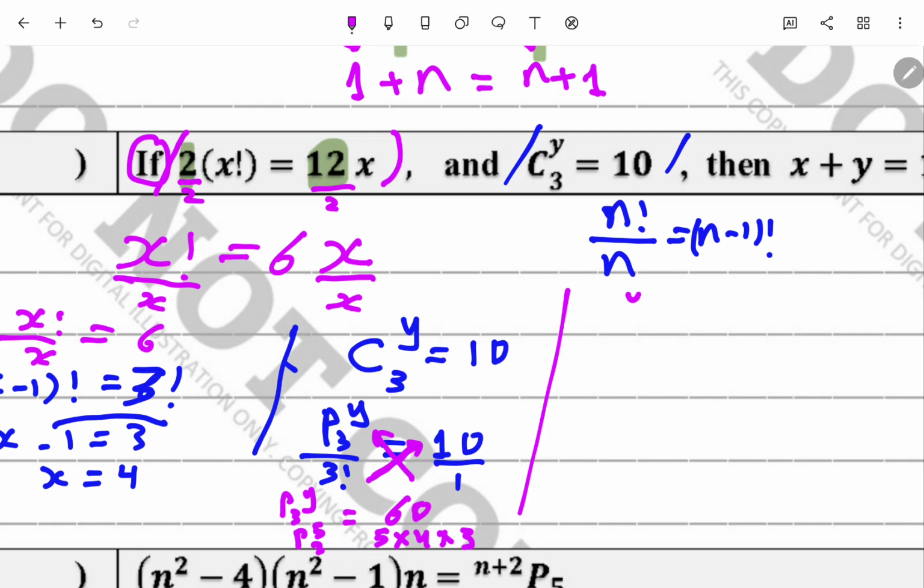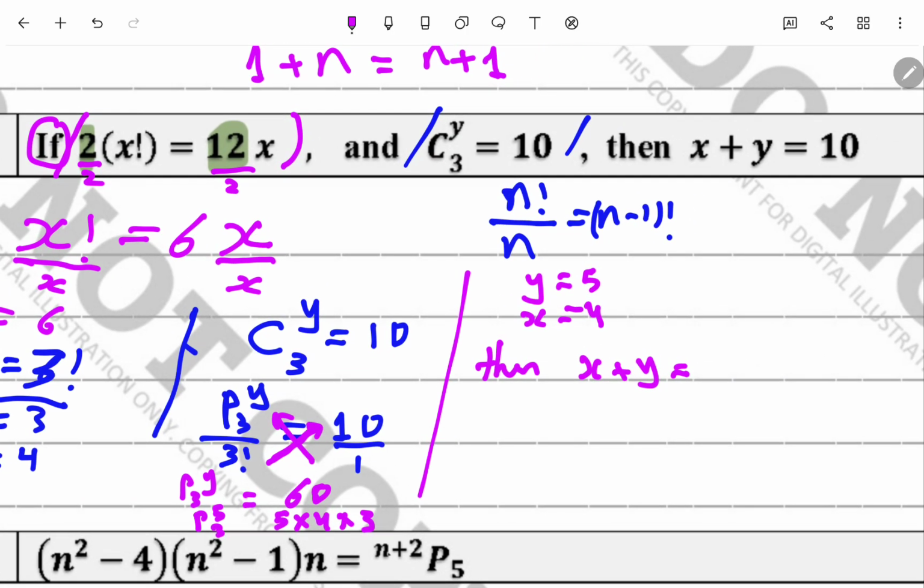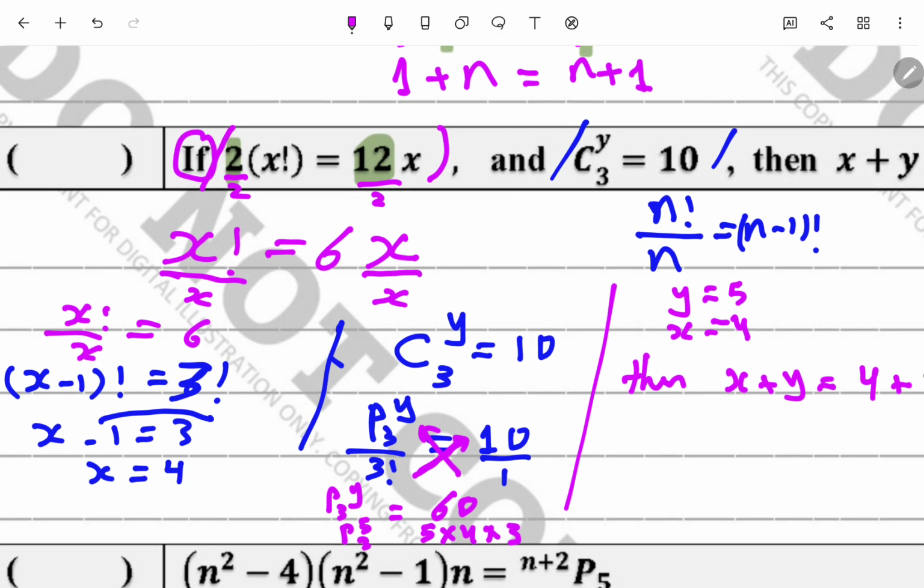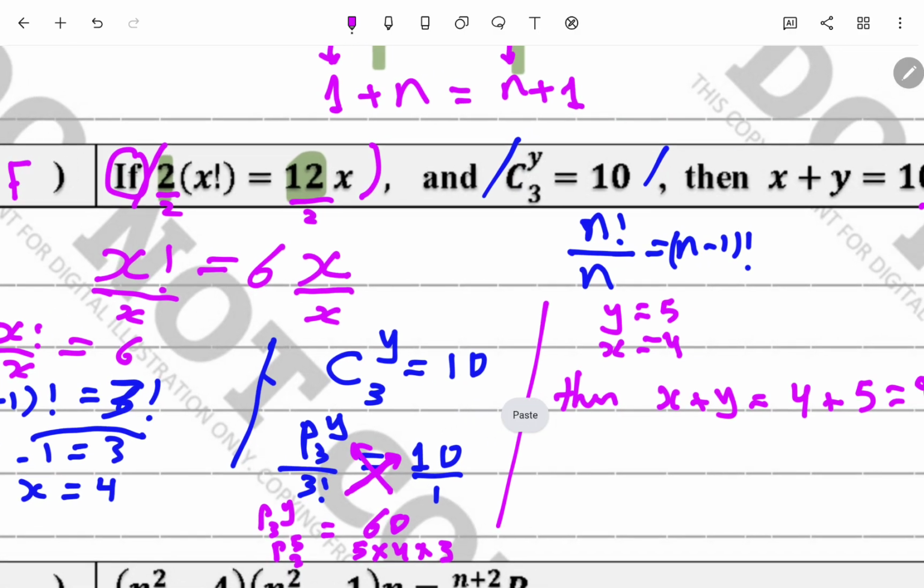So we have y equals 5, and x equals 4. I can do then x plus y equals 4 plus 5, which is 9, not 10. That will make it false.